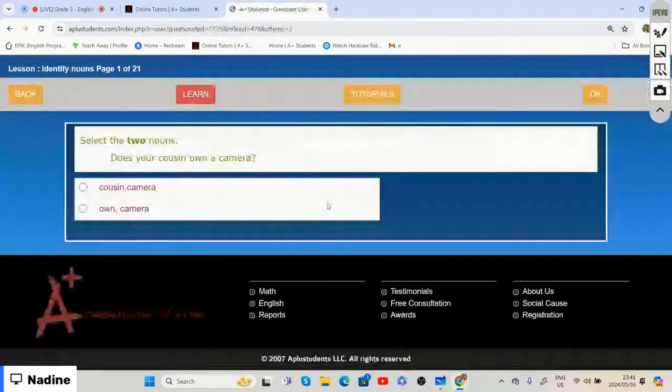All right, so now we're going to select the two nouns in this sentence: does your cousin own a camera? Is it cousin and camera, or is it own and camera that are the two words that are nouns? So cousin and camera or own and camera.